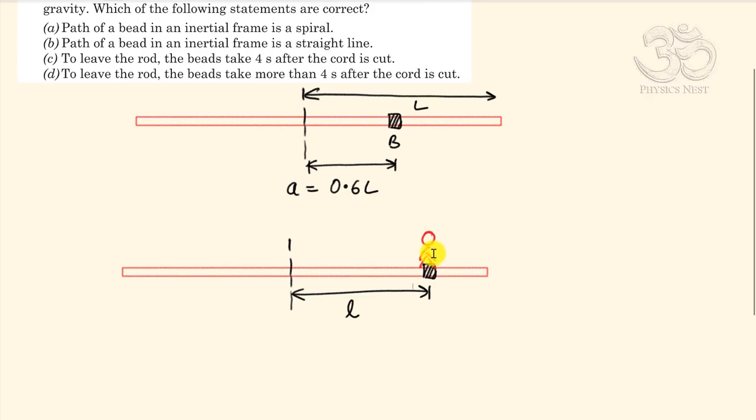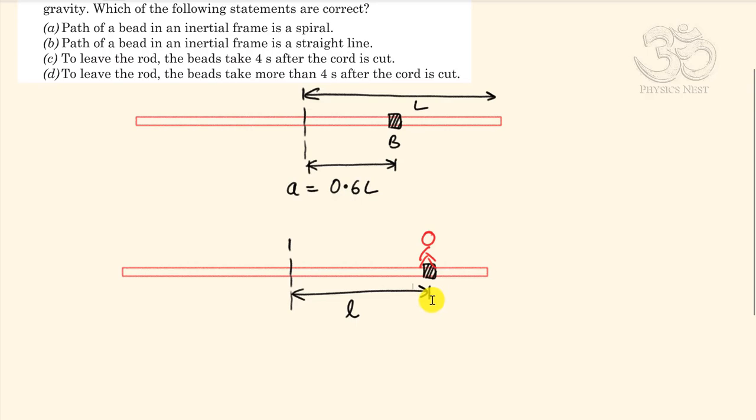So this observer is also spinning along with the rod. He has an acceleration towards the center, so he will apply a pseudo force on this bead B away from the center in the outward direction. The pseudo force that he applies on this bead in the outward direction will be m omega square r, where omega is the angular velocity of the rod at that particular instant.